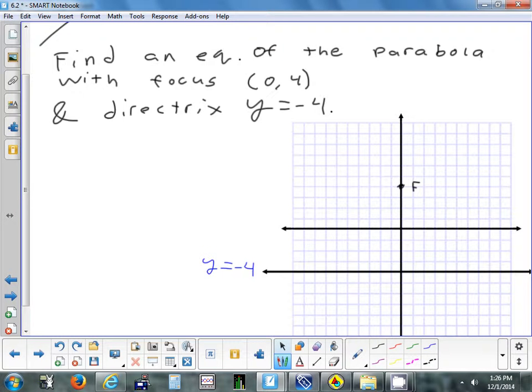So knowing that we have to bend away from it, which way does my parabola have to open? Up. It's got to open up. Okay, and we know the vertex is at 0, 0 because we haven't done any other type yet. Okay, what's the equation of a parabola that opens up?